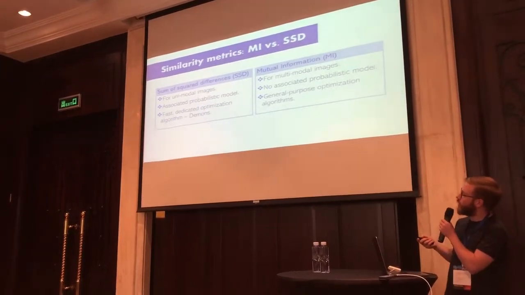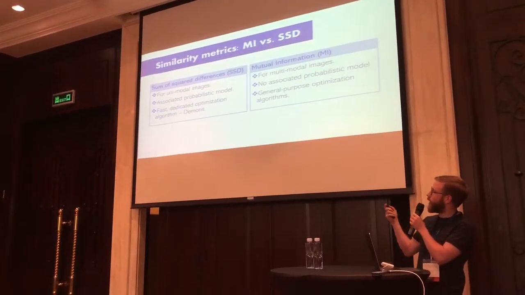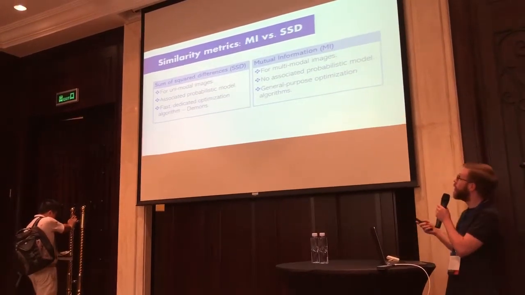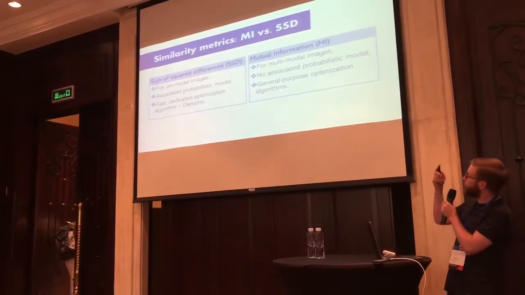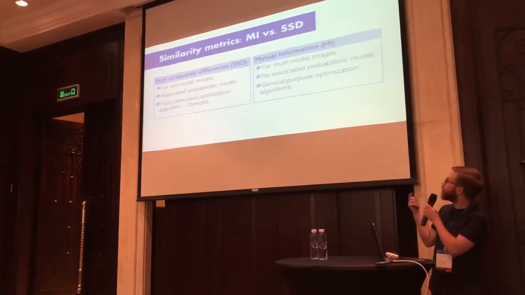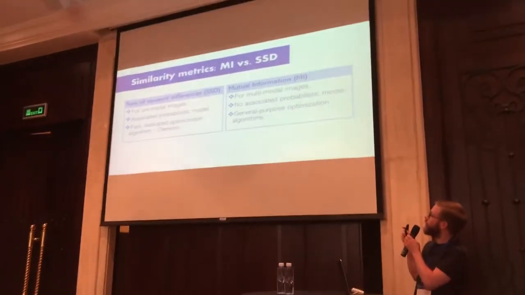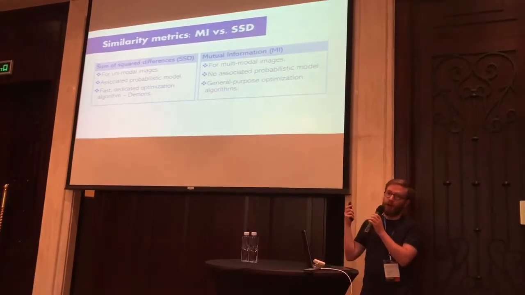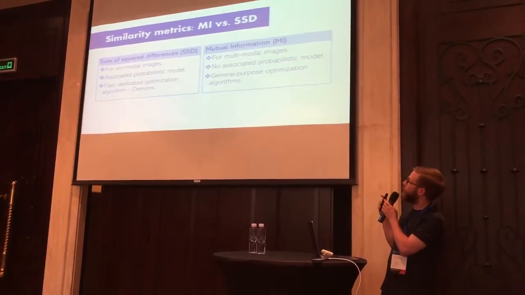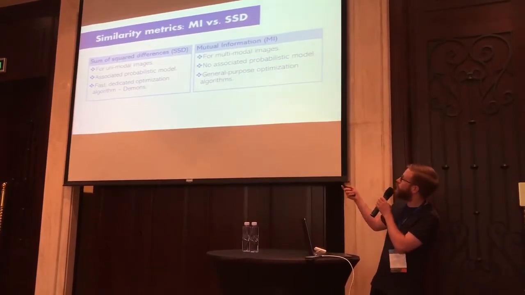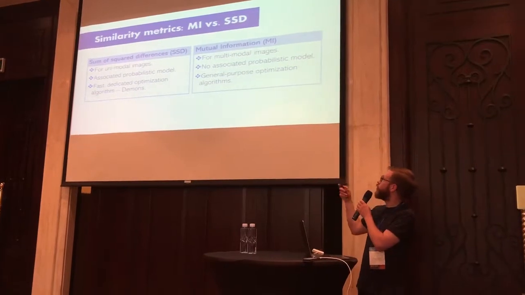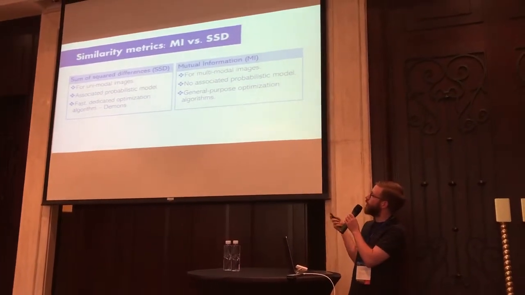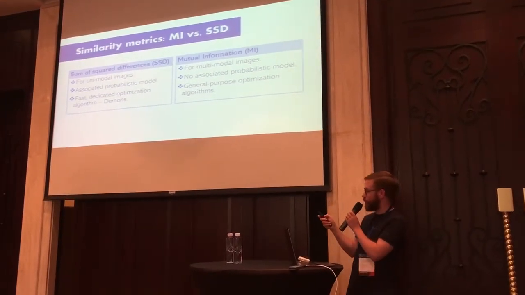It can also be used with a fast and dedicated optimization algorithm called the daemons. Mutual information is for multi-modal images. It currently doesn't have an associated probabilistic model, and methods using it use general purpose optimization algorithms, which can be quite slow.